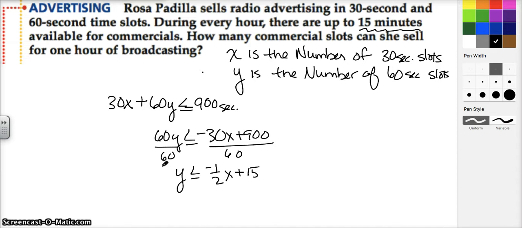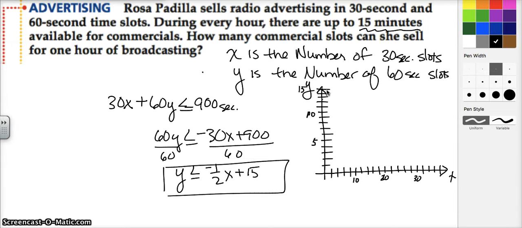So I get this equation, and this is the relationship that I have. Now I'm going to graph that. I'm going to put a dot here, which is my y-intercept. I numbered this side by ones and this side by twos.